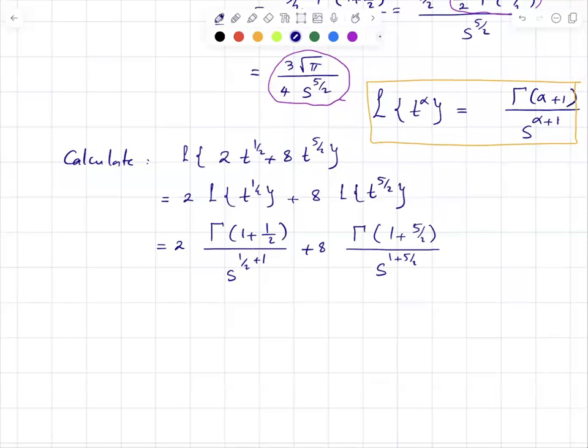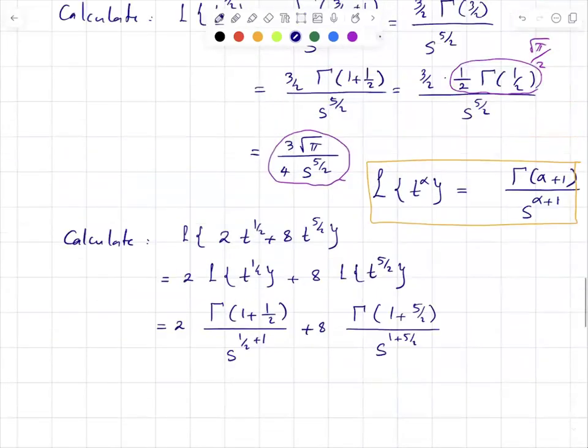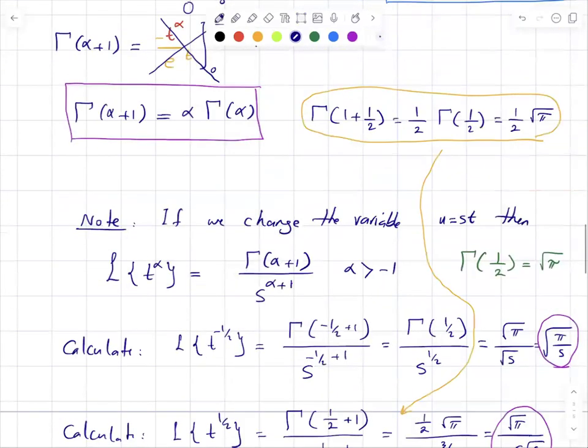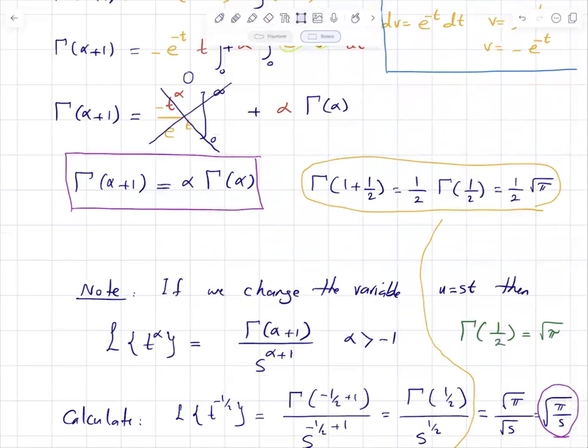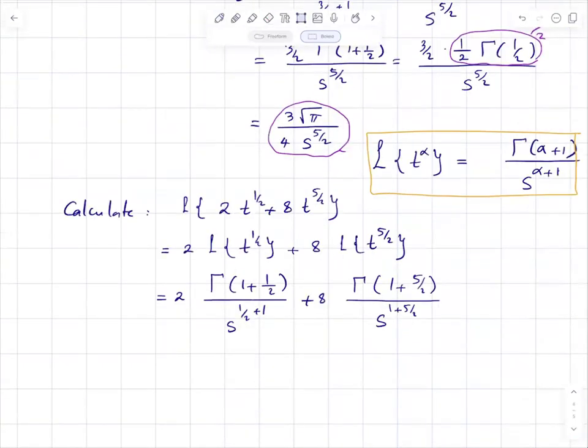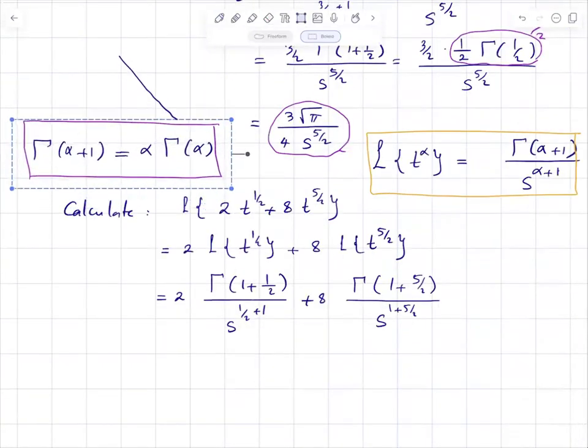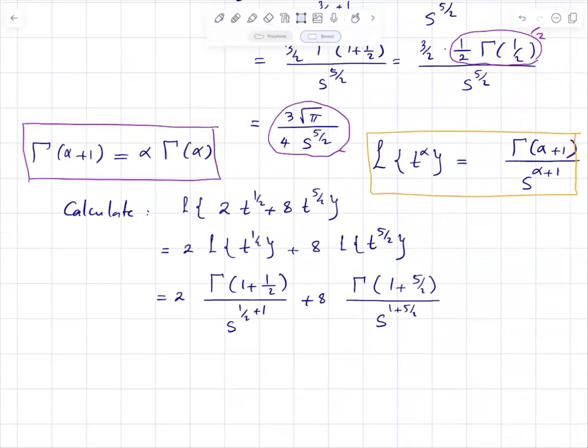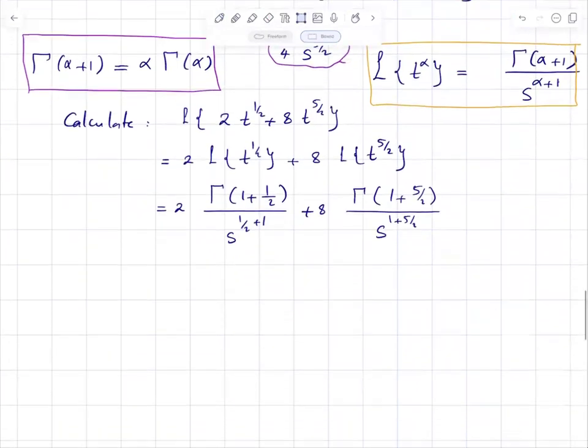Again, by using the definition, we are going up here and using the definition of Laplace of alpha plus 1. Okay, let me put that one here as well on the other side. And then continue this process for you.